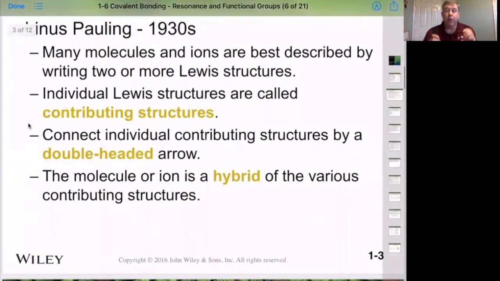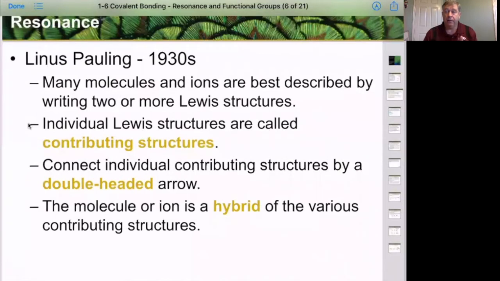This happens most of the time when we have ions, but what we'll see is that they can have two or more contributing Lewis structures that will tell us where the charge might be. When we look at these, we want to use a double-headed arrow to show that two electrons are moving from one atom to form a new bond, and then the one bond is being moved to form another lone pair.